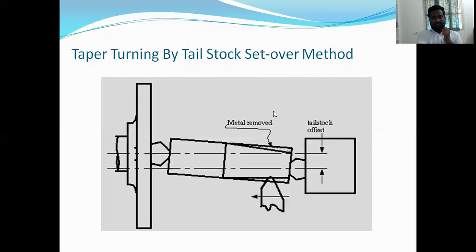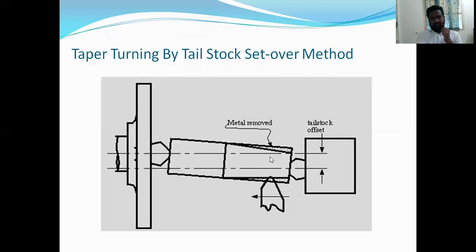But in this tailstock set over method, we are moving this tailstock by some distance, some inclination to the spindle axis. Observe here, this is the spindle axis, but here the tailstock axis is here. This is the tailstock part, and its axis is here.